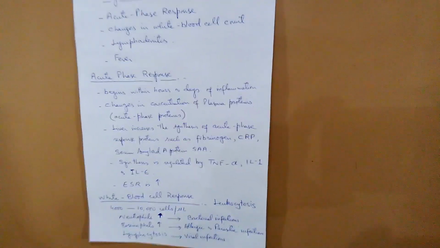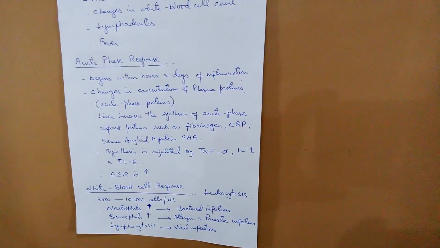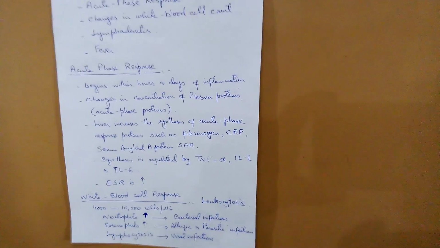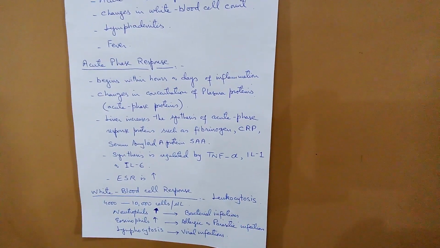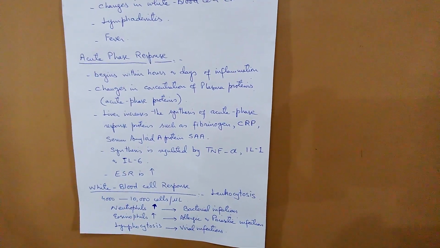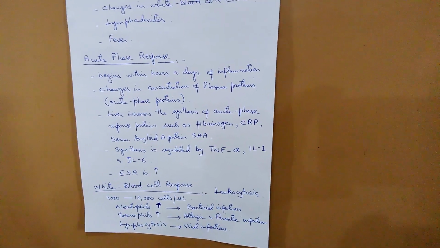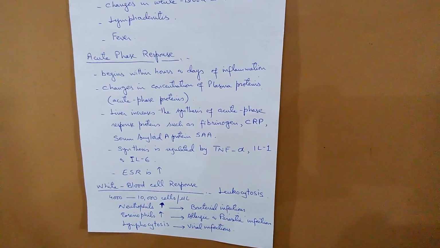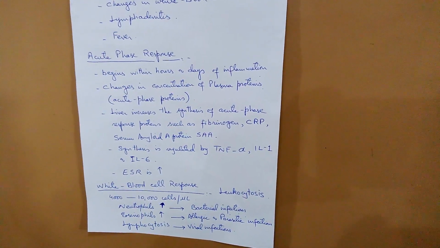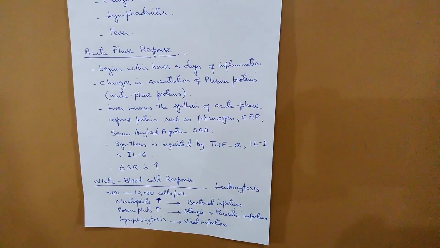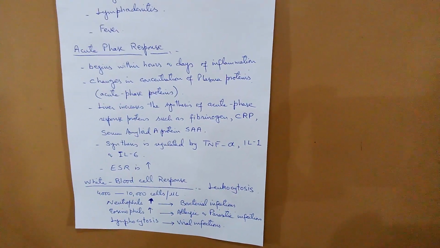These acute phase proteins are synthesized by the liver in response to infection. Examples include fibrinogen, CRP, C-reactive protein, and serum amyloid A protein, briefly called SAA.